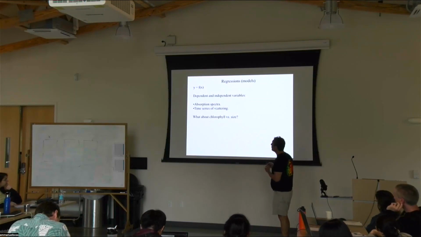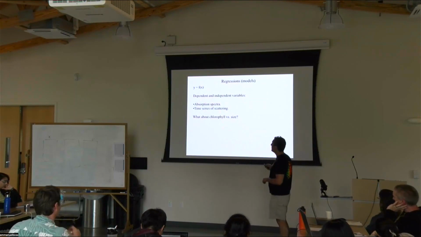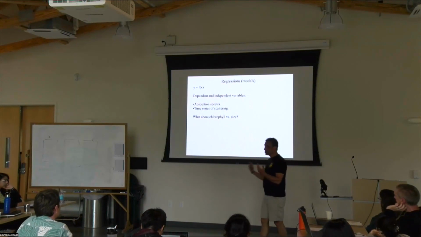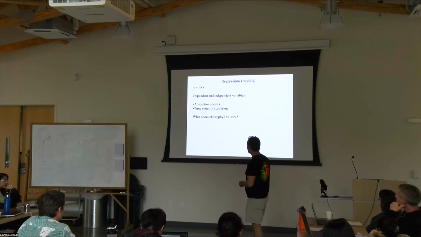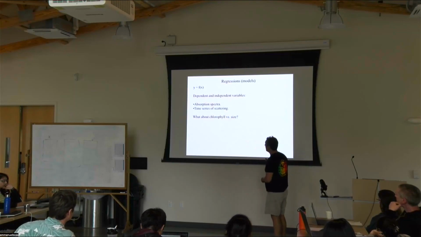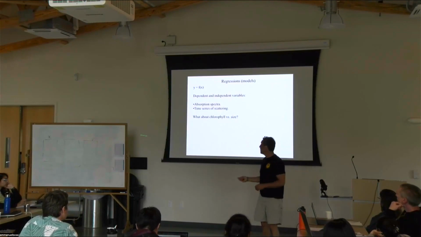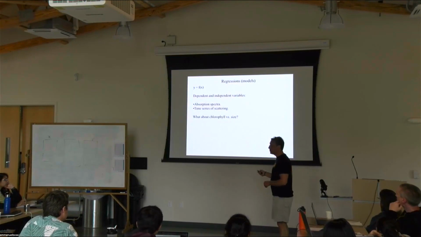In terms of an absorption spectrum, the independent would be wavelength, and absorption would be the dependent when we plot them, or a time series of scatter. But often what we're really interested in is the parameter, like, for example, chlorophyll versus size. And what do you think is different between these and these ones? What's the independent and dependent when you do a regression of chlorophyll versus size?